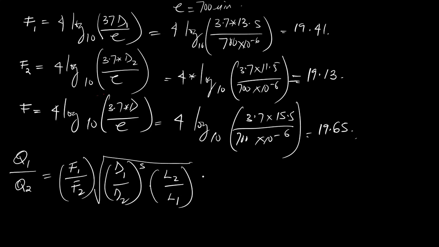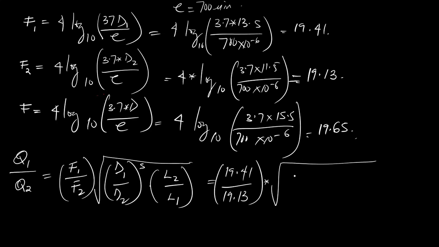So we have now F1, which is 19.41 divided by 19.13, times the square root of D1, which is 13.5 divided by 11.5, all raised to power 5 times L2, which is 15 divided by 20. So this will give us what?